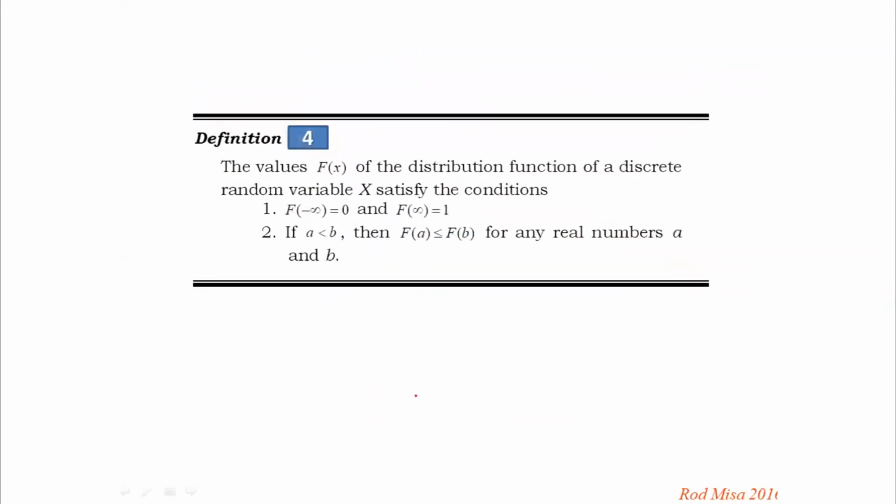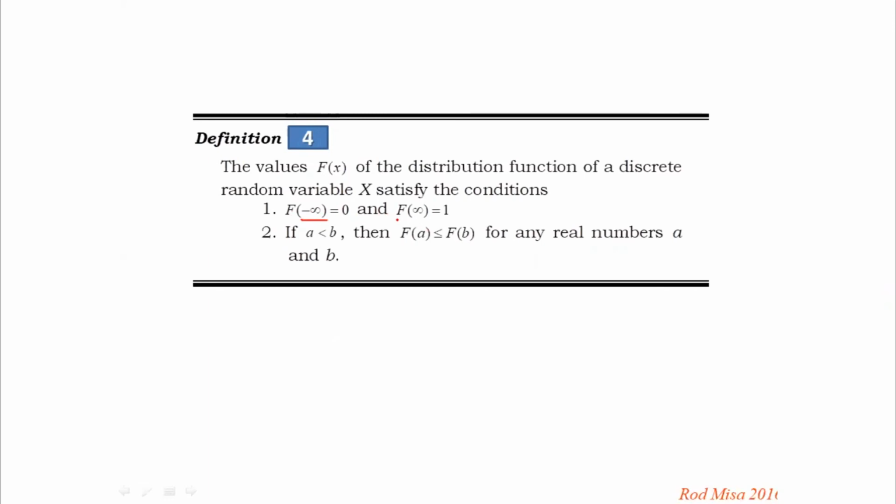Now, let's proceed to our fourth definition. The values of the big F of x, the distribution function of a discrete random variable x, satisfy the following conditions. First, the cumulative distribution value of negative infinity is 0, since there is none to the left of negative infinity.